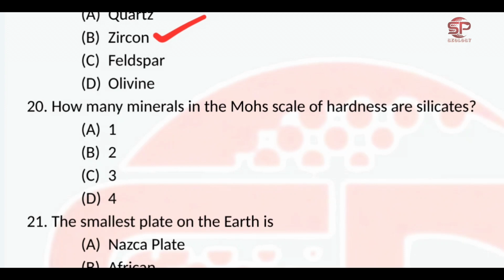Then topaz, Al2SiO4. So there are 4 silicate minerals in the Mohs scale of hardness. So the answer will be 4.